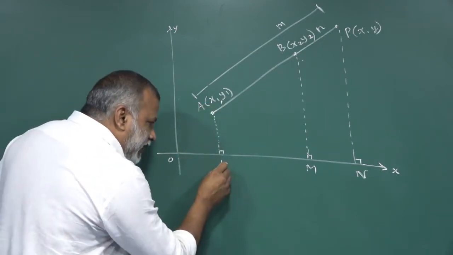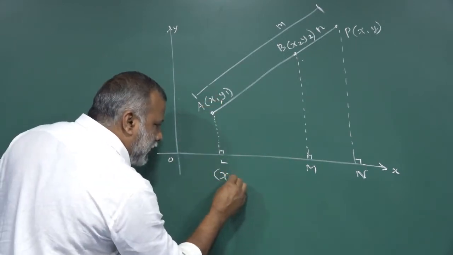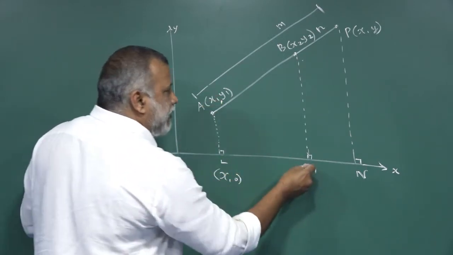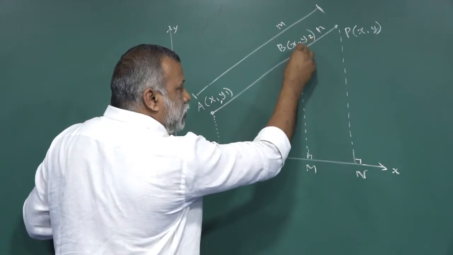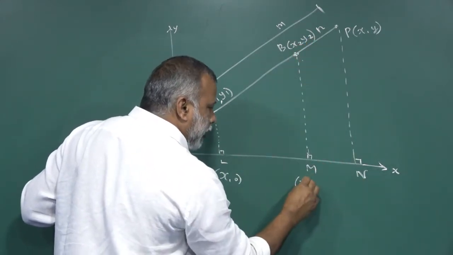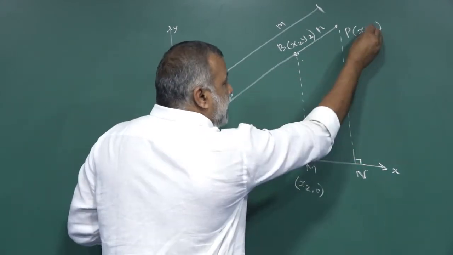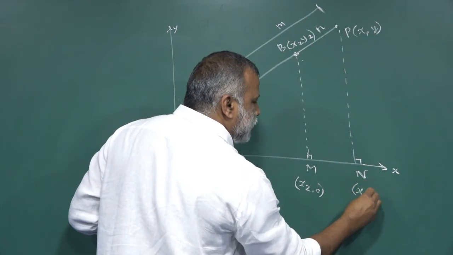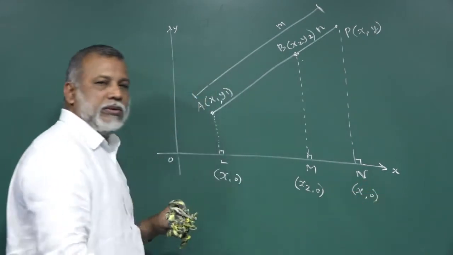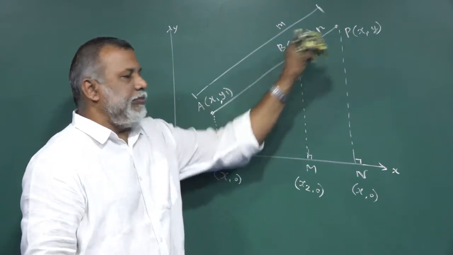What is the meaning of L? It lies on the x-axis, therefore it should be x1, 0. In the same way, here is x2, y2. Now M is a point on the x-axis, so it should be x2, 0. Now see N, from x, y, therefore it is x, 0. Three perpendicular lines we are drawing from A, B, P.